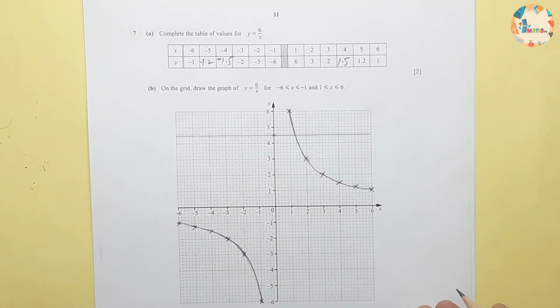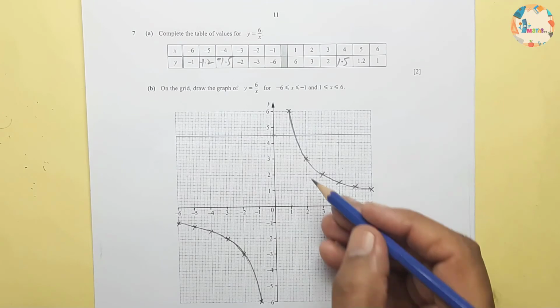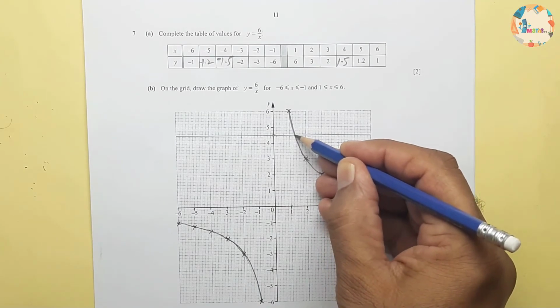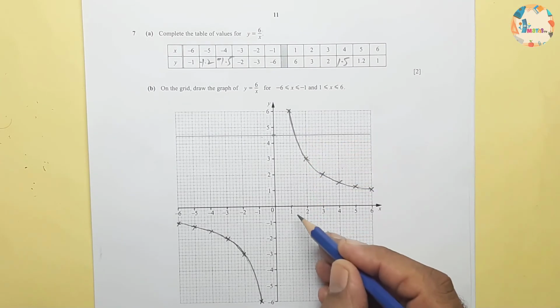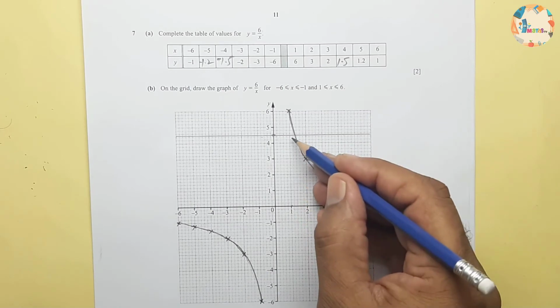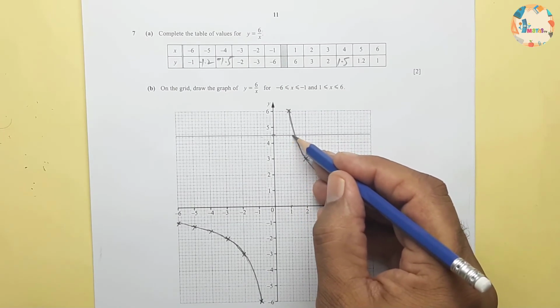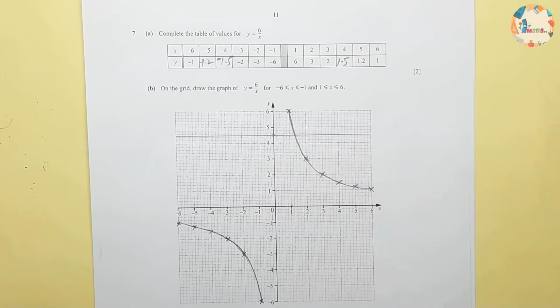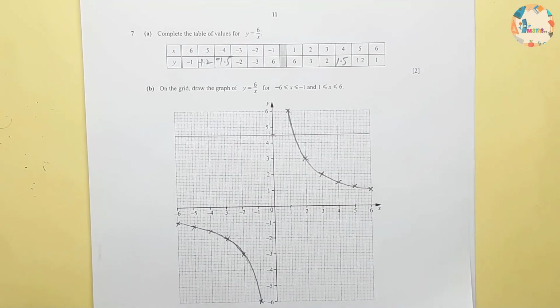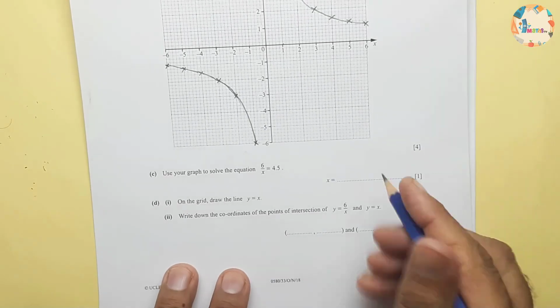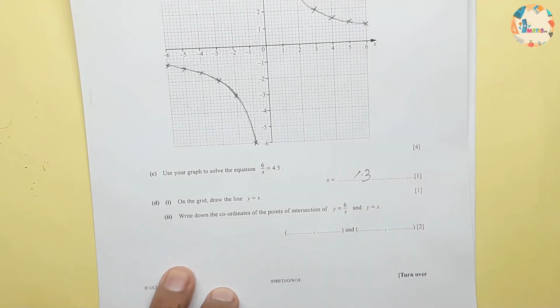This will be 4.5, and x value we can give over here. This will be 1.2, this one, and 1.3. So we can write here 1.3. I'll have to move this page. So 1.3 will be the answer for this.